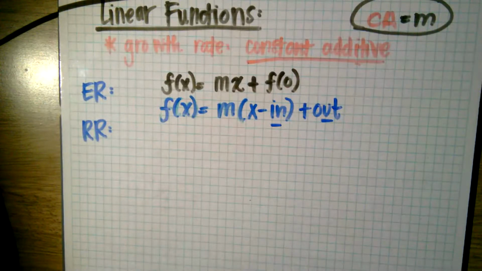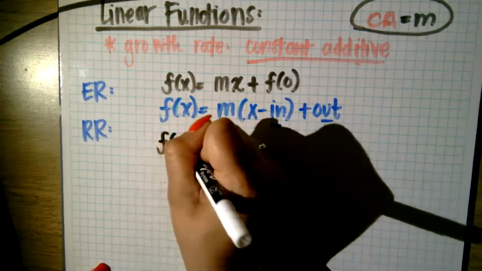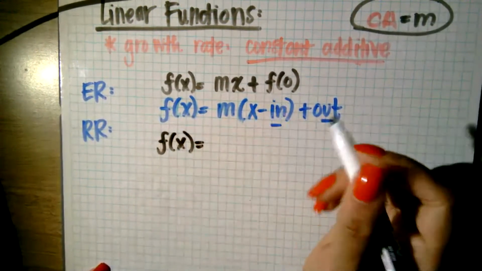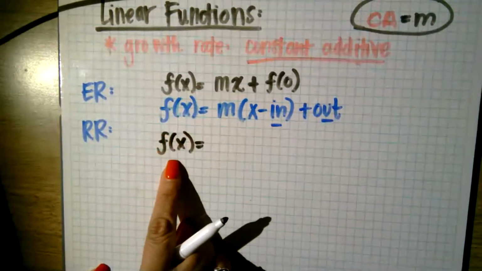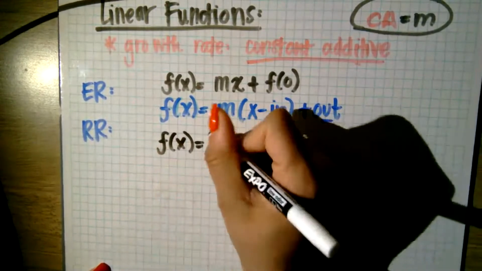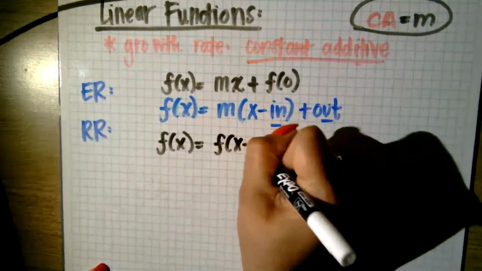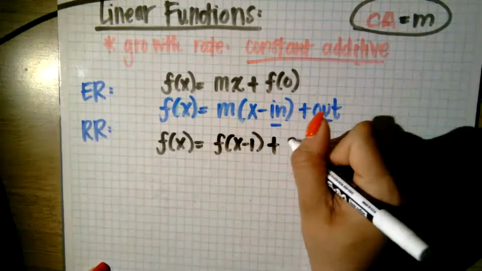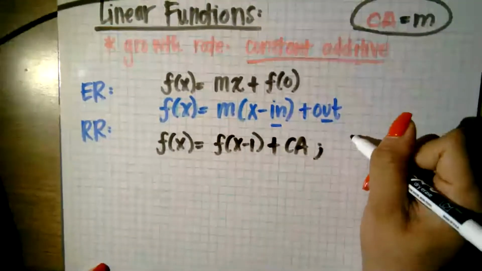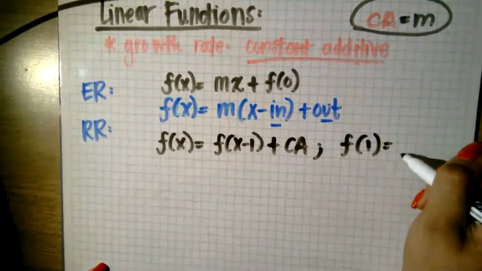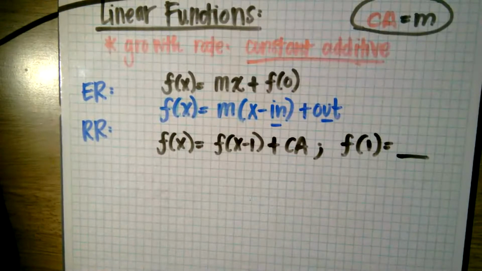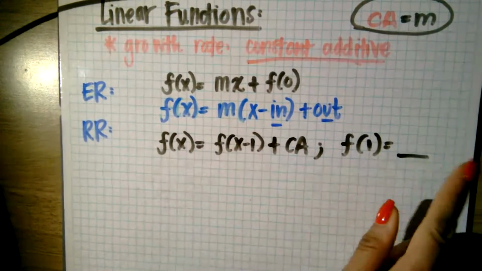And now for the recursive rule. The recursive rule, again, builds from the previous input and output. So that's an output, and I'm going to build from the previous one, and then I'll have my constant additive. Normally I always start with f of 1 equals something. So this gives me the roadmap to how to create a sequence.